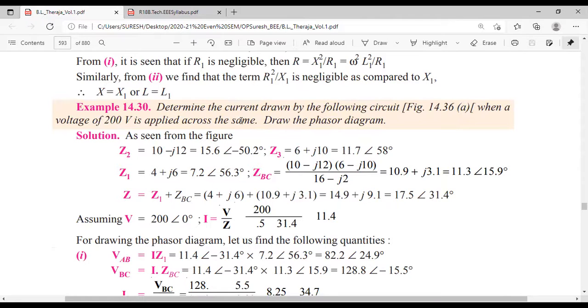Draw the phasor diagram. Okay, I think you have written the question.